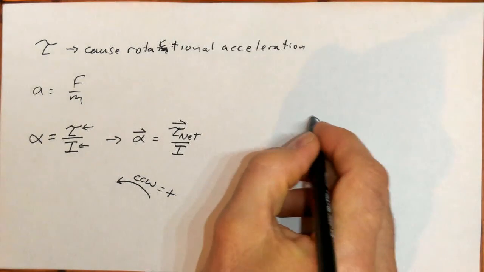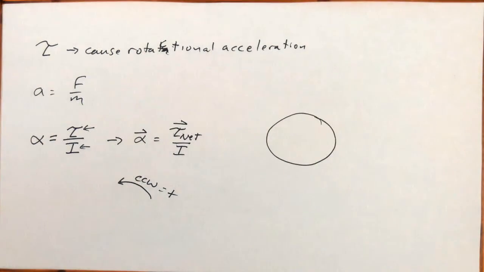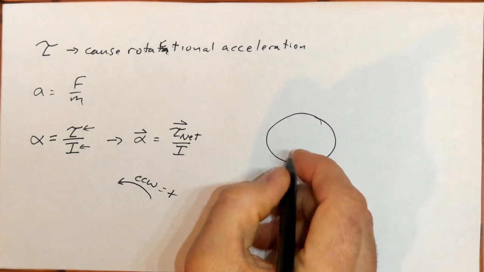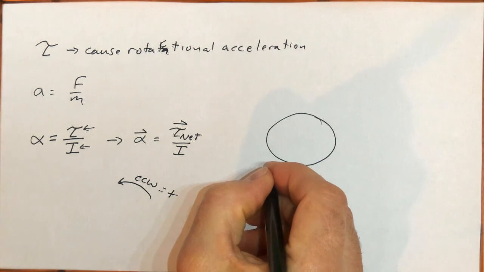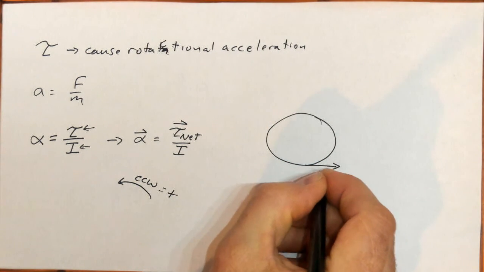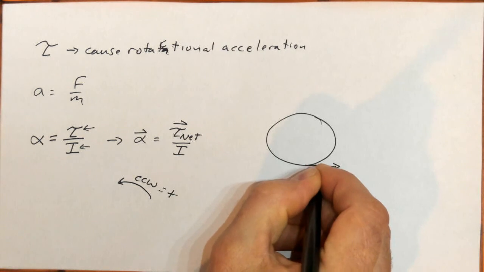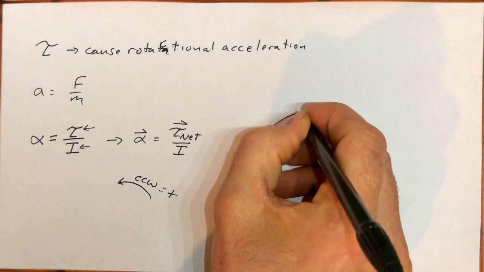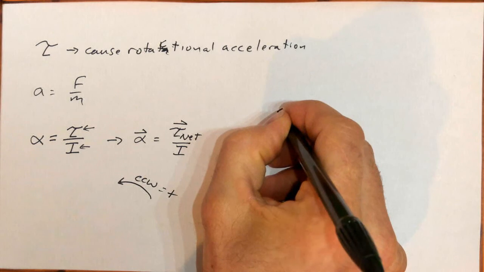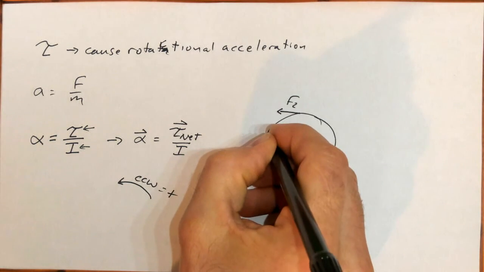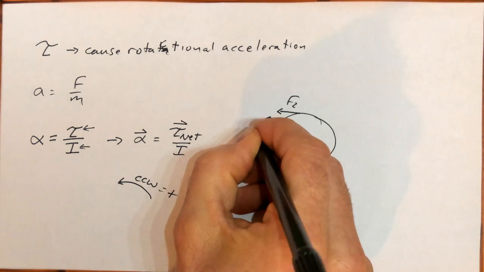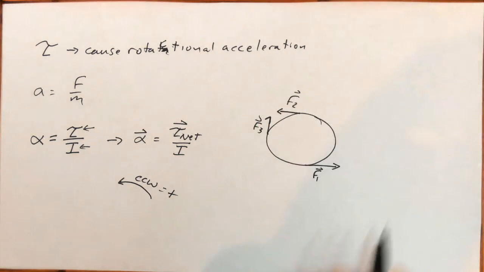So, for example, if I have a disk here and I apply a force on it in a variety of different ways. I apply one force here, F1, and I apply another force here, called F2, and I apply another force here, F3, and I can apply another force somewhere else.